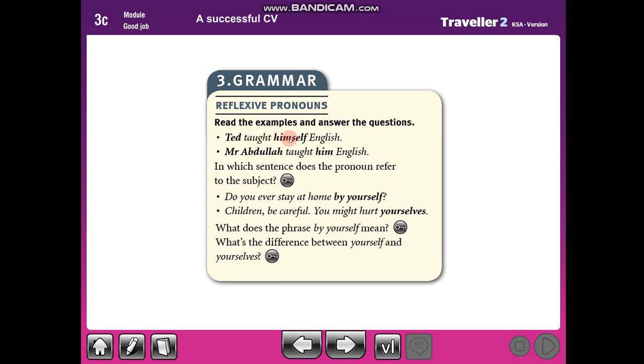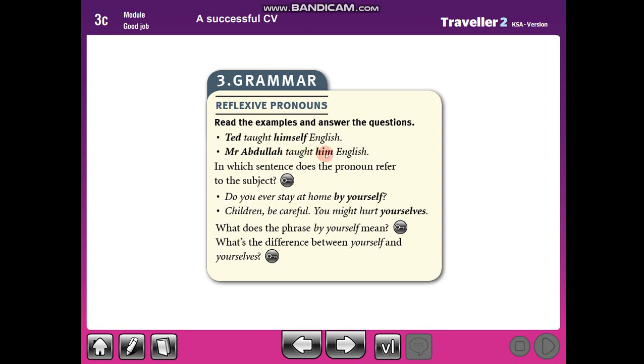Ted taught himself. You can do the reflexive pronoun for the subject pronoun Ted is himself, because if you put a subject pronoun here, you will put he. Mr. Abdullah taught him English.